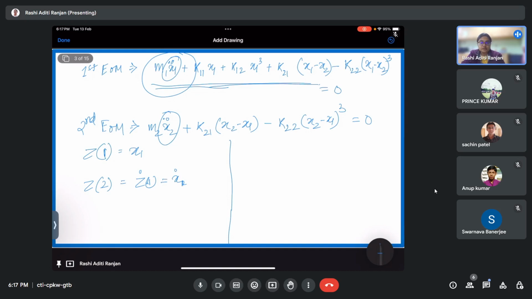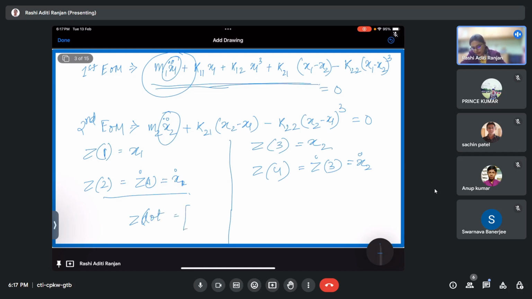Is it fine? This way I'll just give the expression of Z dot and I'll get the corresponding value. Now again I'll define Z3 as x2 and I'll define Z4 as Z3 dot, which is also equal to x2 dot. Correct? So now if I want to define Z dot, what is going to be the expression?